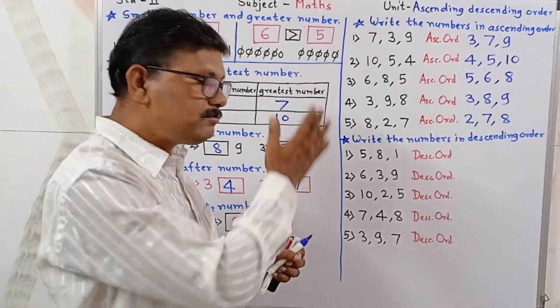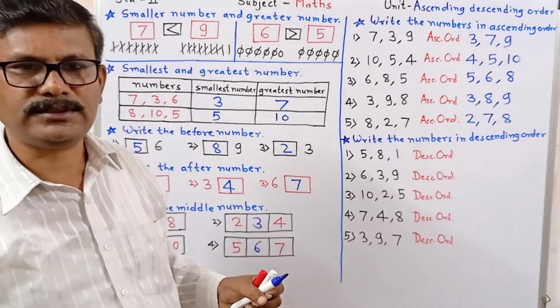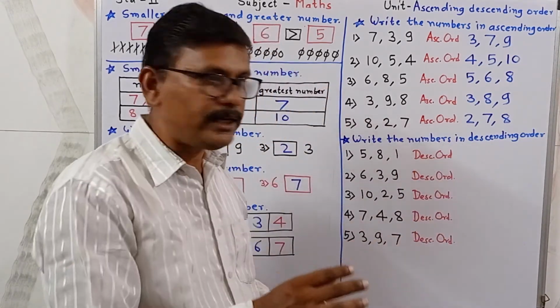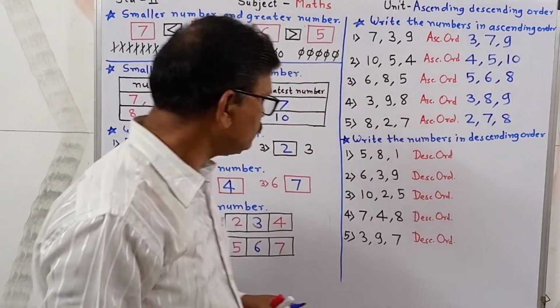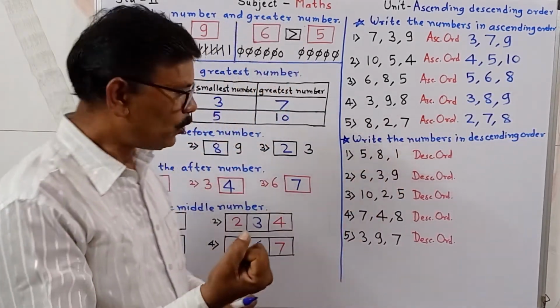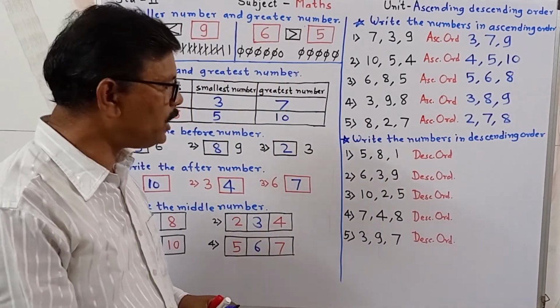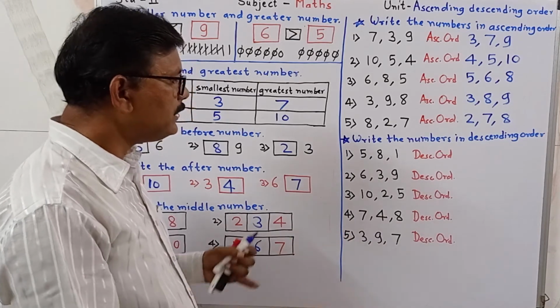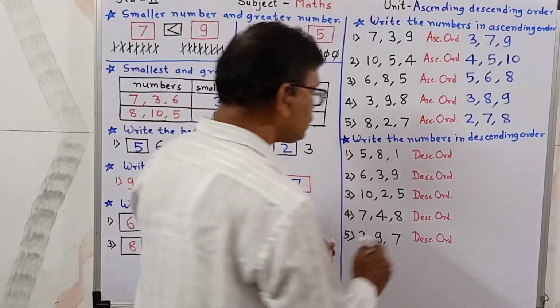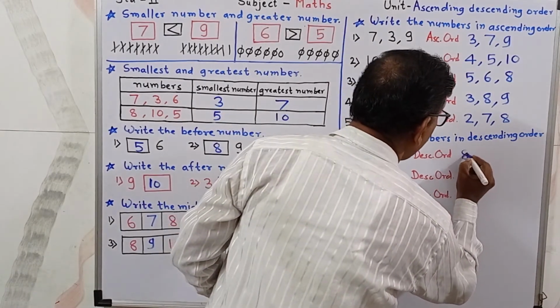We should write from greatest to smallest. So we must write the greatest number here first. So 5, 8, 1. 1, 2, 3, 4, 5, 6, 7, 8. 8 is the greatest. So we must write here first 8.